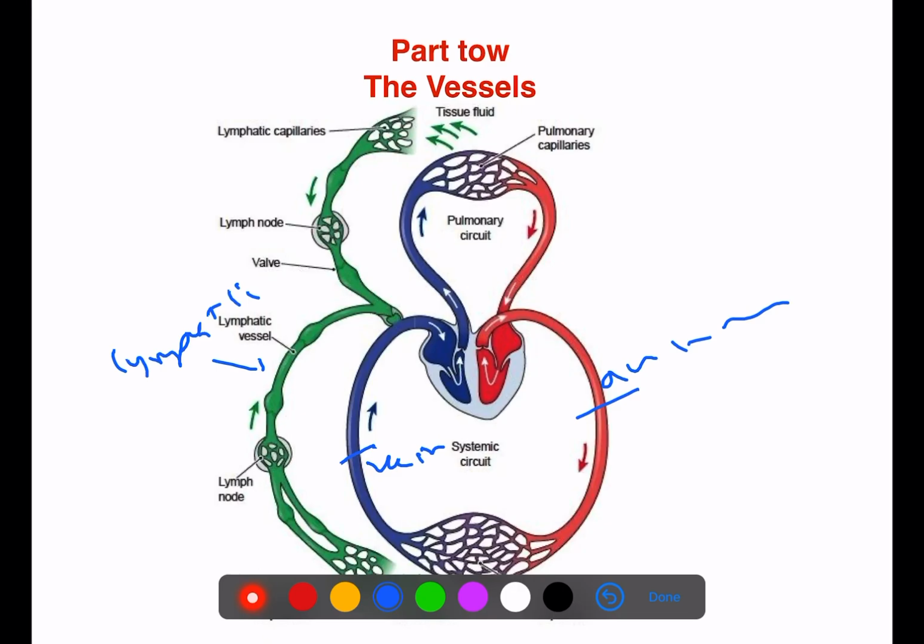Artery is characterized by a thick tunica media with a smaller tunica adventitia. Meanwhile, the vein has a thick tunica adventitia compared to a small tunica media. Both of them have the same tunica intima.